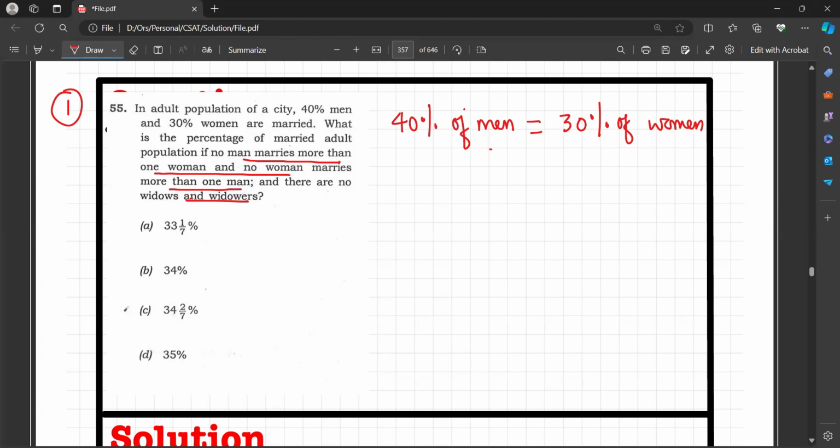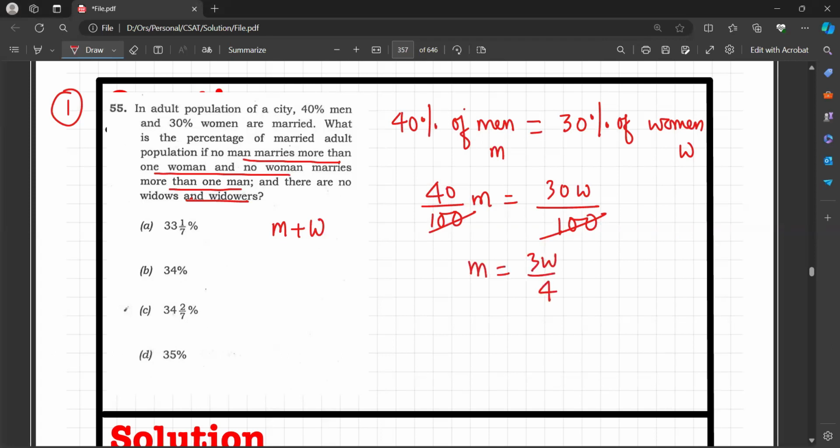So if I take M as men and W as women, the total population becomes M plus W. 40% of men, which is 40 by 100 M, equals 30 W by 100. These two get cancelled. M becomes 3W by 4, right?